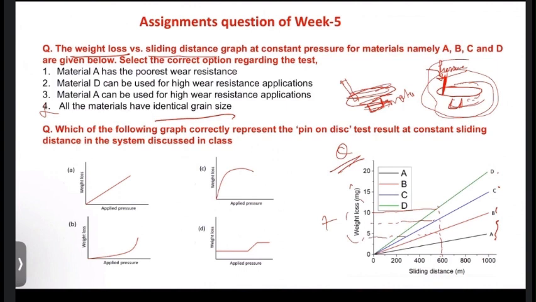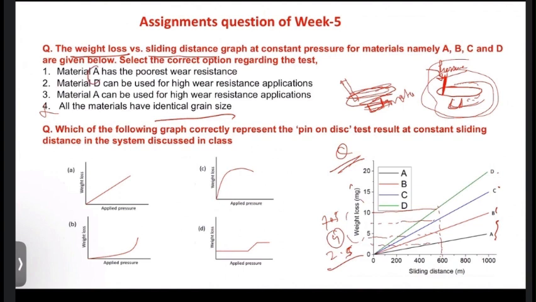B has around 4, and A has around 2.5 mg weight loss. Okay, this can be 7.5, I say. So if they are having different weight loss, that means the grain size is not similar. So this option is incorrect.